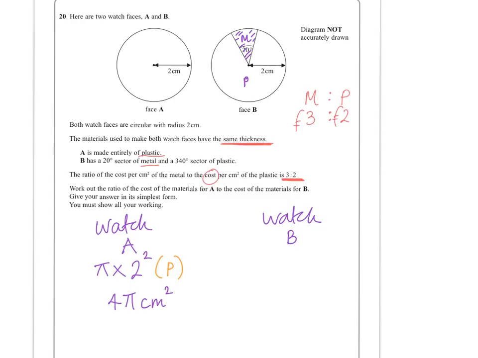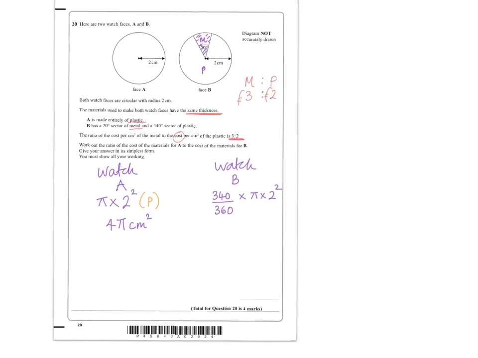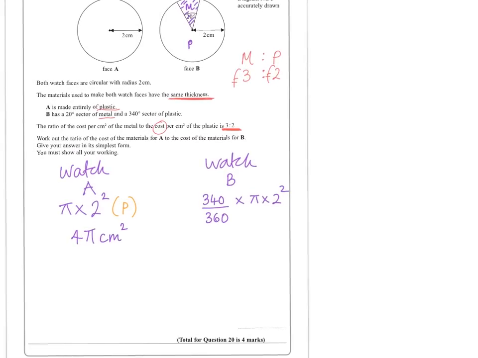So let's do the plastic part of the watch face B. Well, it's going to have 340 degrees out of the 360 as a fraction of what the area would have been. And the radius is still the same. So what we can do is, again, you can do this with calculator. I'm going to do it by hand if that's okay.